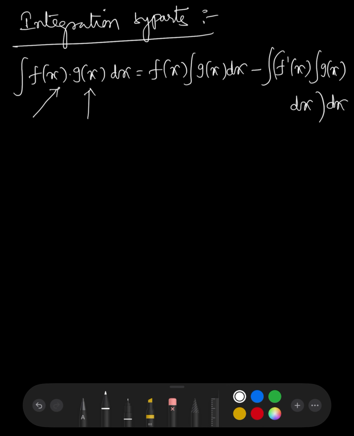To decide what is f(x) and what is g(x), we need to remember one important word, that is ILATE. What is ILATE?